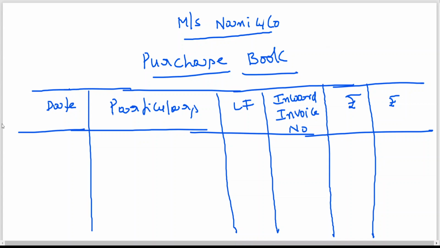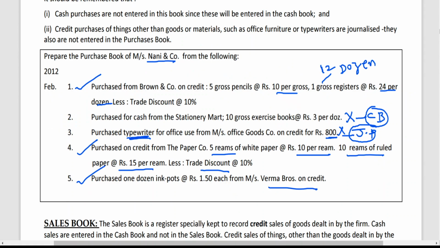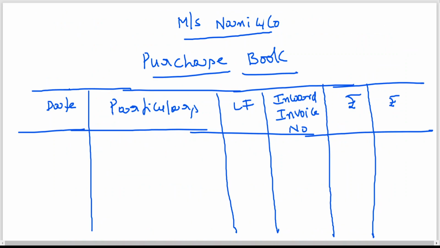Now let me start. Date: 2012, February 1st. Name of the supplier. You write the name of the supplier, and you can give the description.